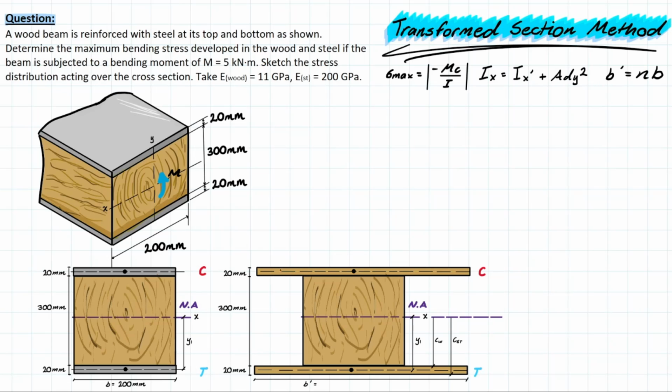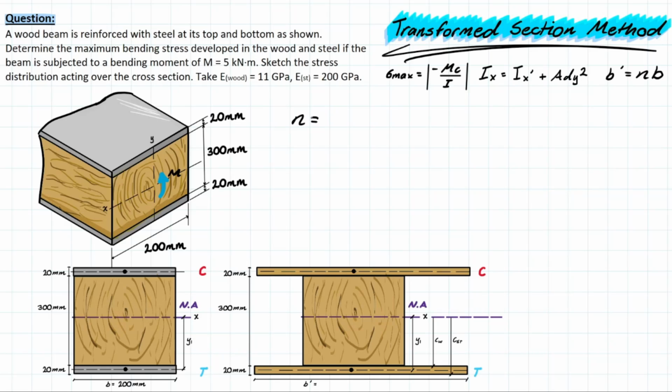So what we're doing here is we're using something called the modular ratio, which is simply represented by n. And what n is doing is it's transforming the area of steel into an equivalent area for wood by considering the ratio between steel and wood.